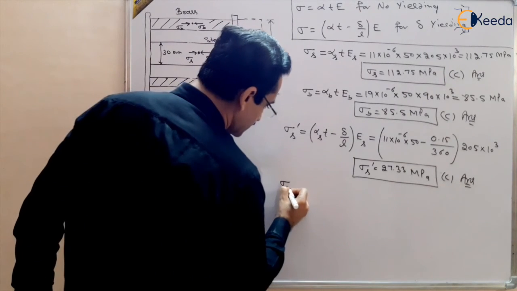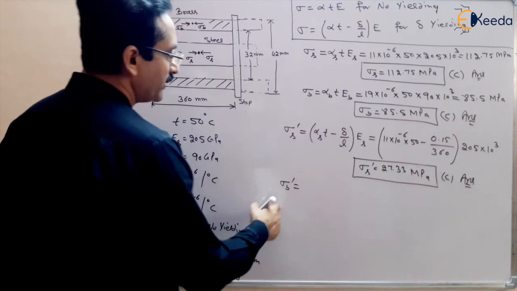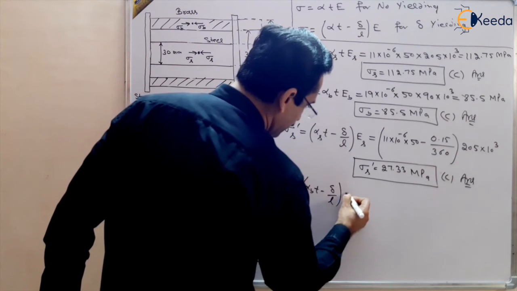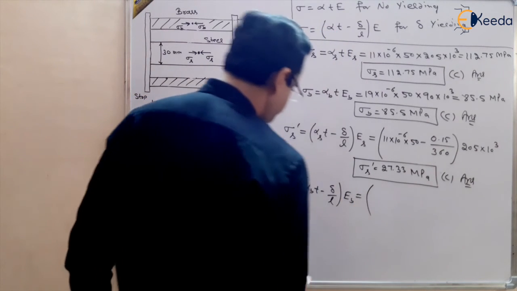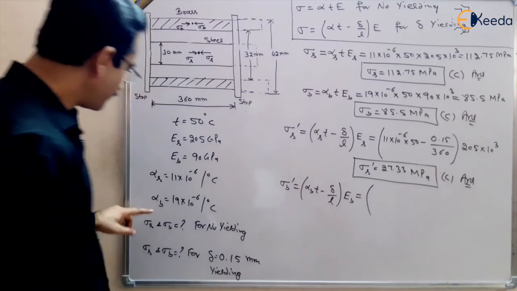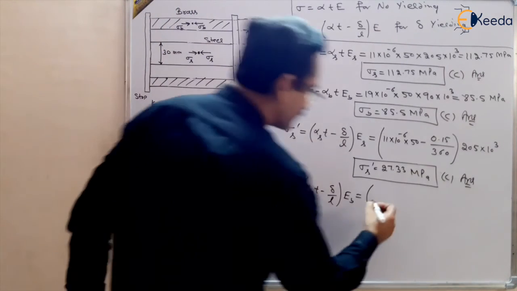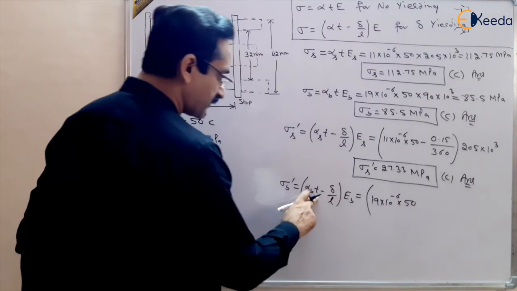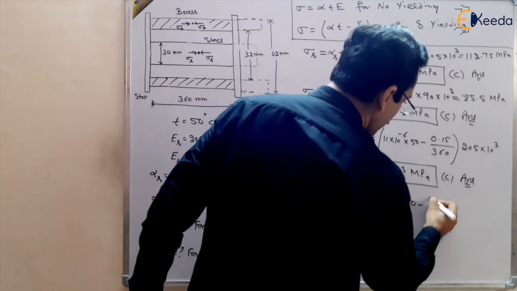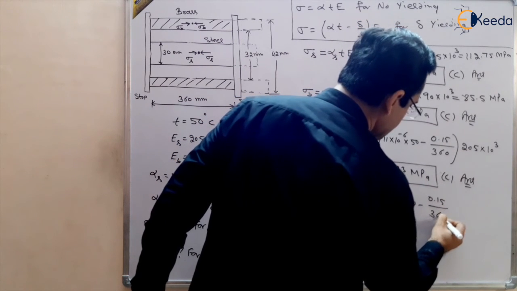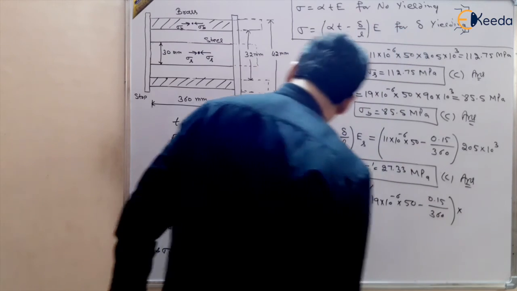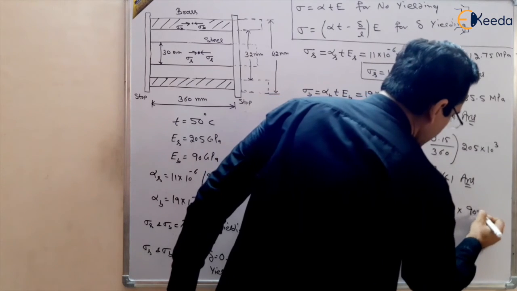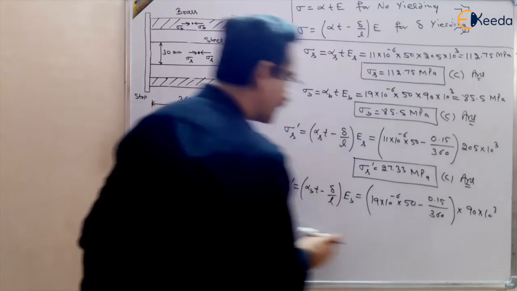And sigma B dash, the stress in brass, will be equal to alpha of brass, T minus delta by L, multiplied by E of brass. So that will be equal to alpha of brass, which is 19 into 10 power minus 6, temperature rise 50 degrees centigrade minus yielding 0.15, divided by total length 60 mm, multiplied by the modulus of elasticity of brass, 90, and make it megapascal so that the answer may come in megapascal.